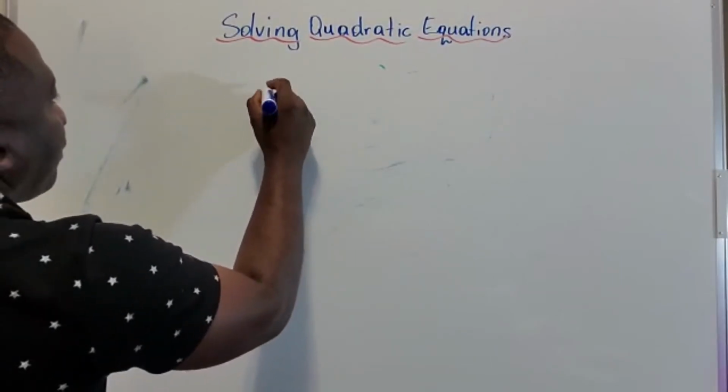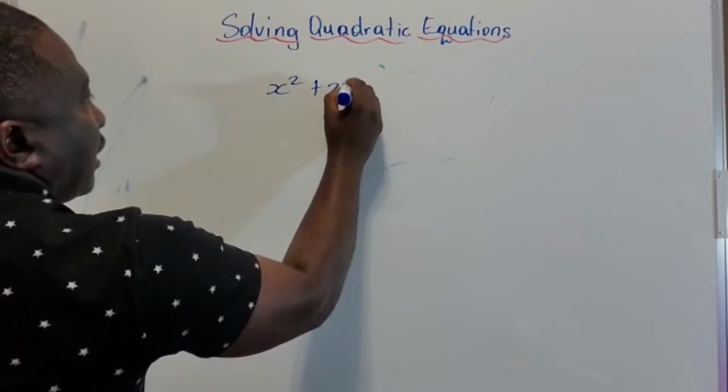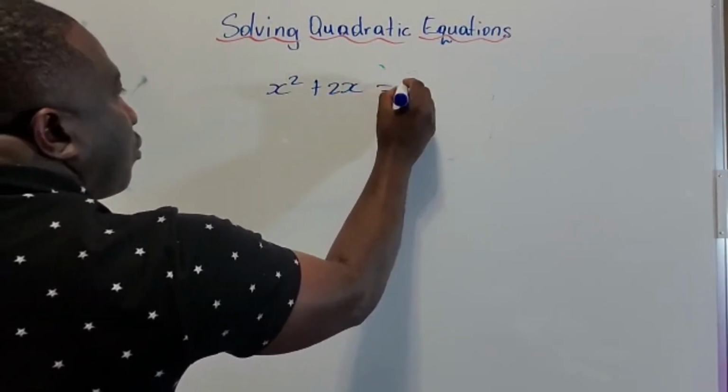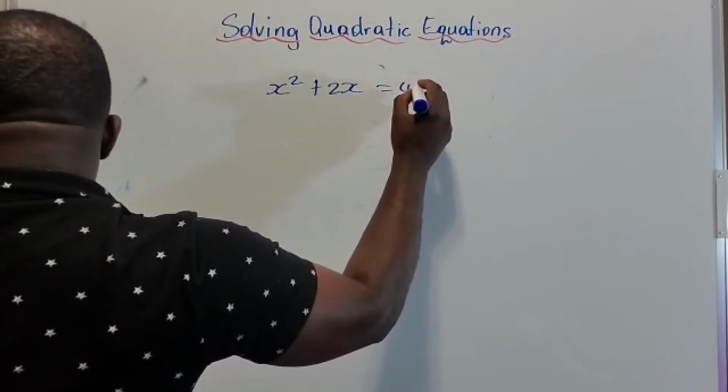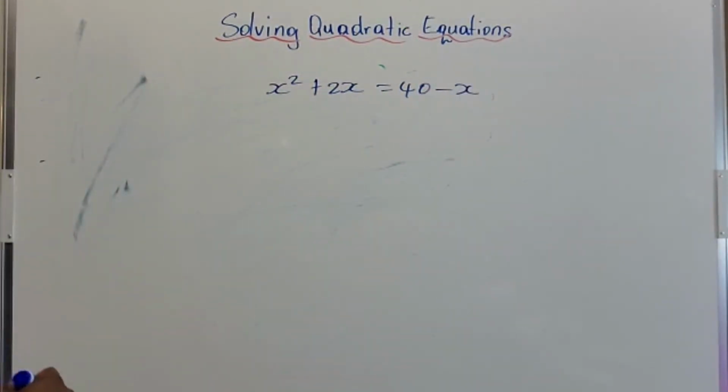Next one is x squared plus 2x is equal to 40 minus x. So guys, we're going to group the data and equate it to 0.